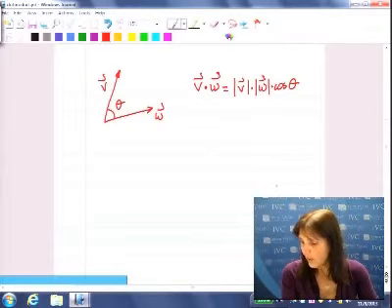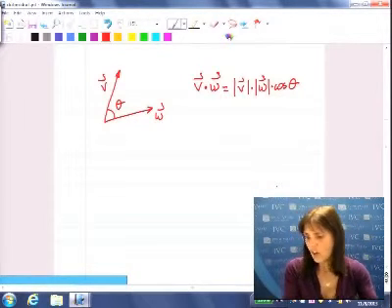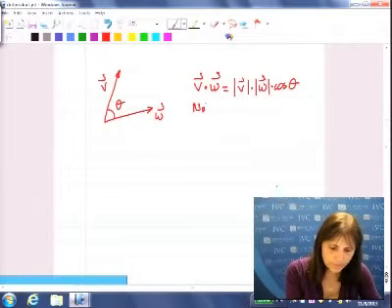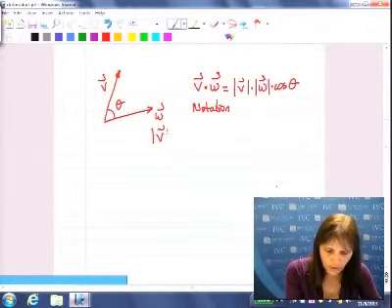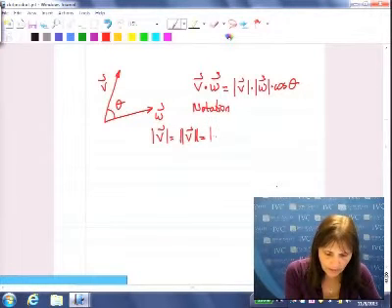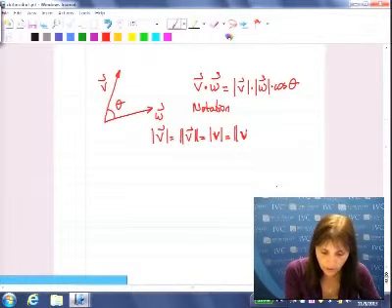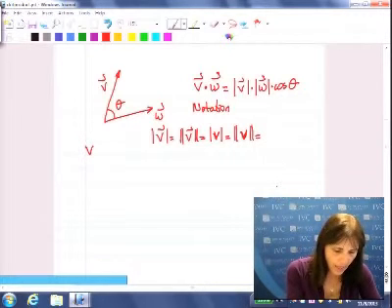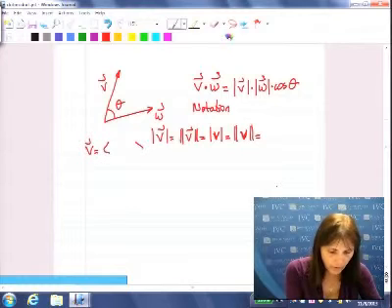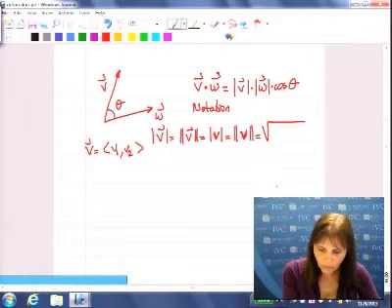Also, I will put in some notation. The magnitude of V is simply written like this, or you can also write it with a thicker V to show that it's a vector, or a double thicker V. If my V has the coordinates V1 and V2, the magnitude is simply the square root of V1 squared plus V2 squared.